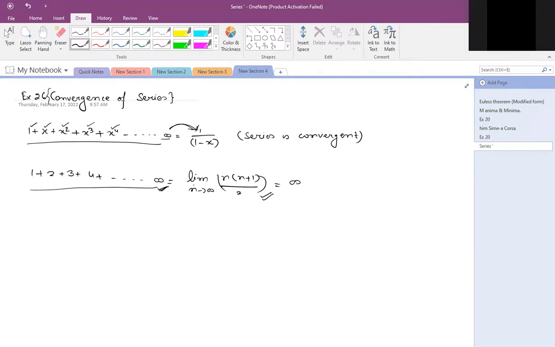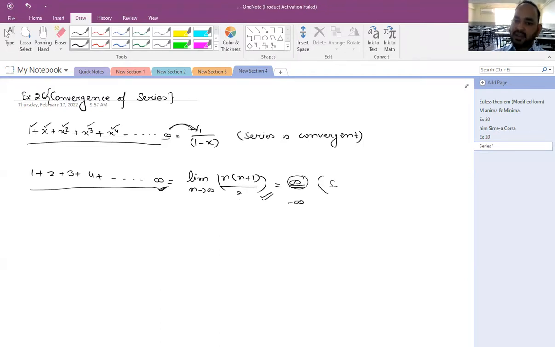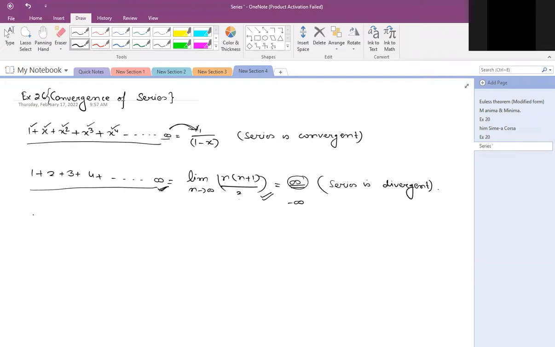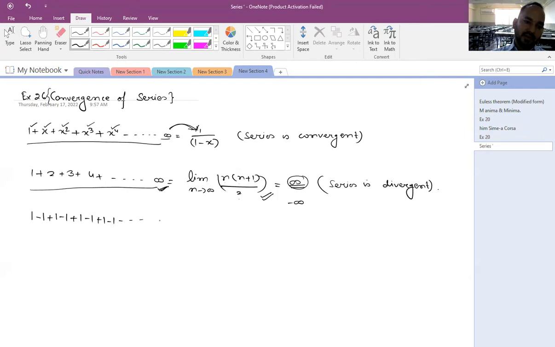So this is the limit as n tends to infinity of n into n plus 1 by 2, which goes towards infinity. If it is going towards infinity or minus infinity, we say the series is divergent. Now there are series like 1, minus 1, plus 1, minus 1, and so on.